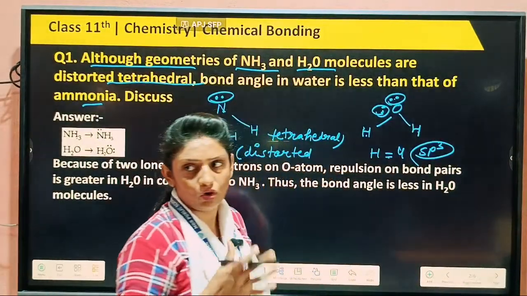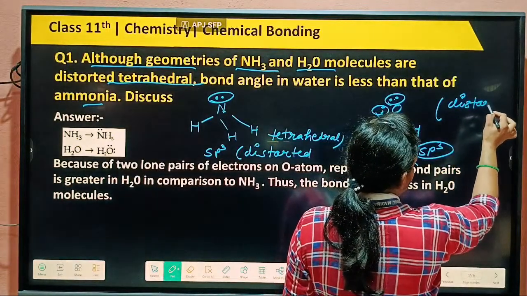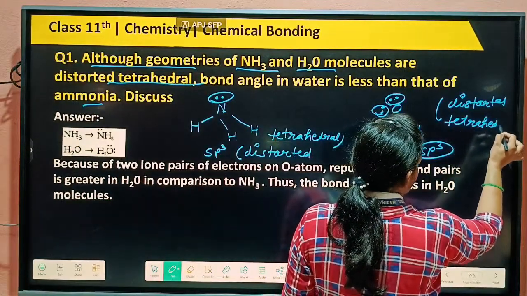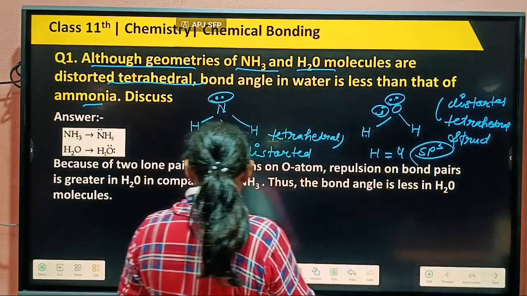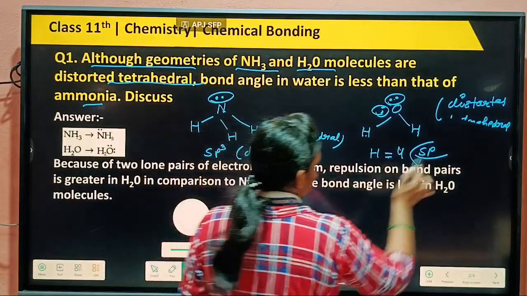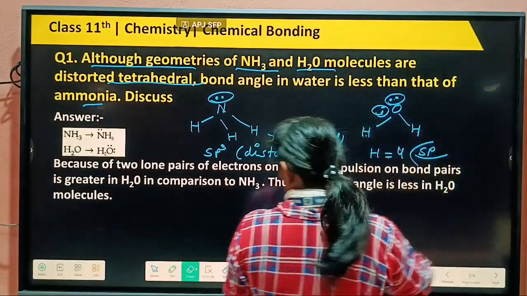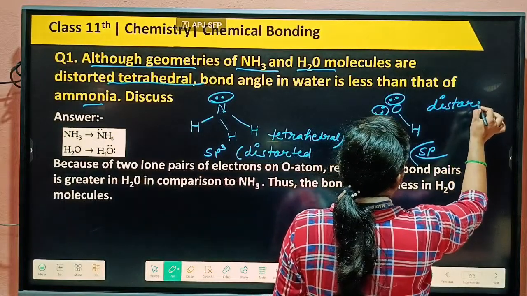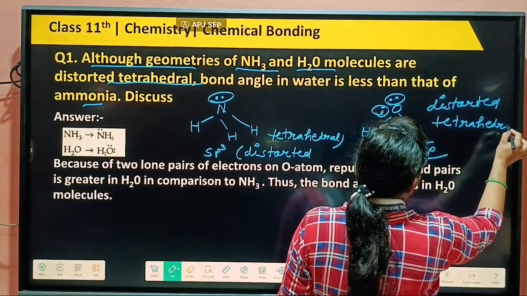Due to the presence of these lone pairs, they have distorted tetrahedral geometry.